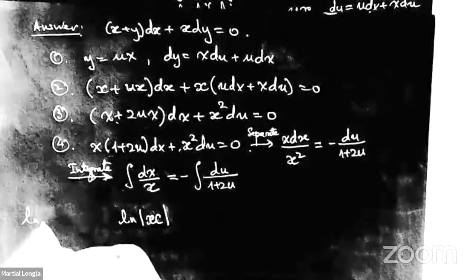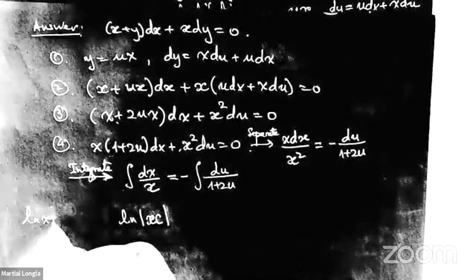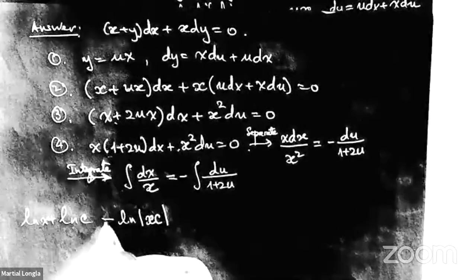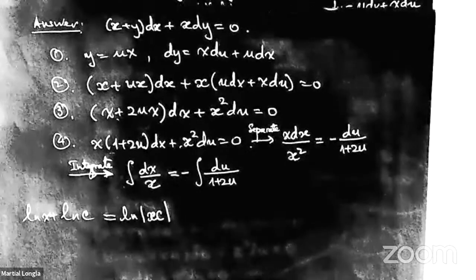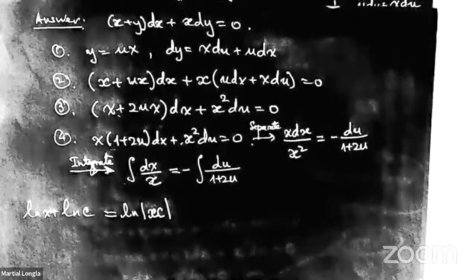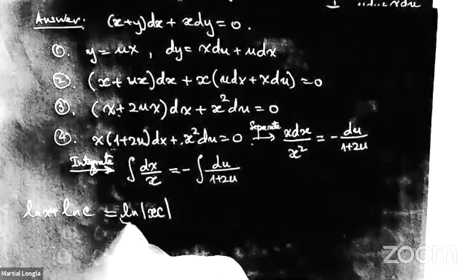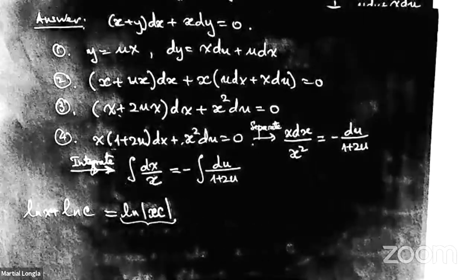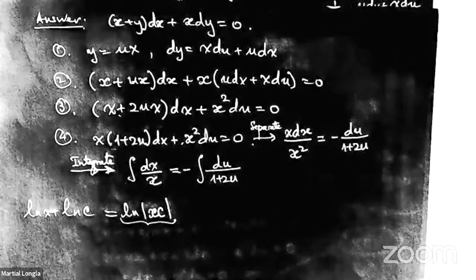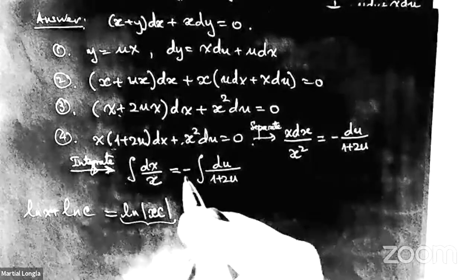Why? Because natural log of x plus natural log of c is equal to natural log of x times c. So often when I integrate this, I'll just write this. It makes things simpler for me.